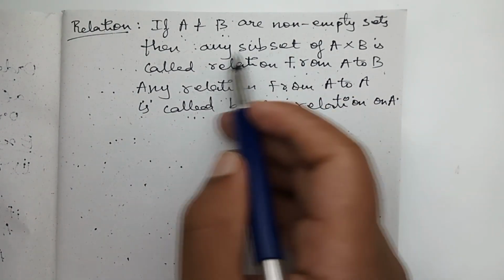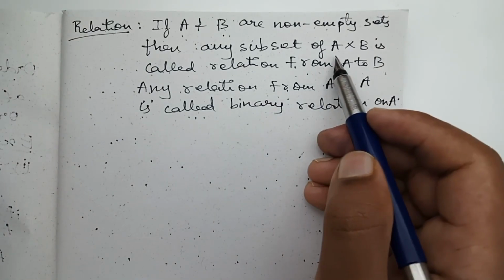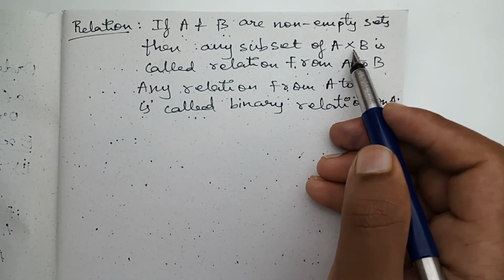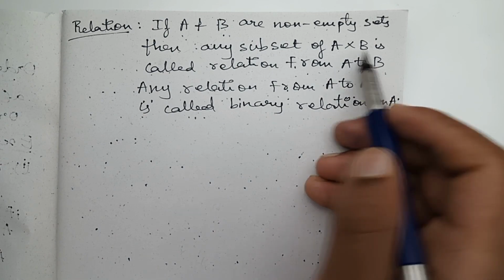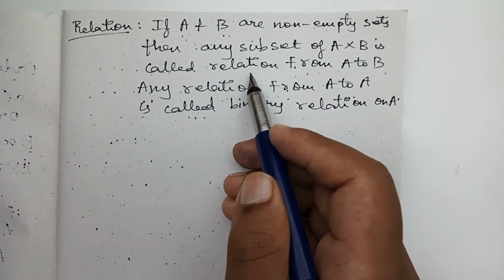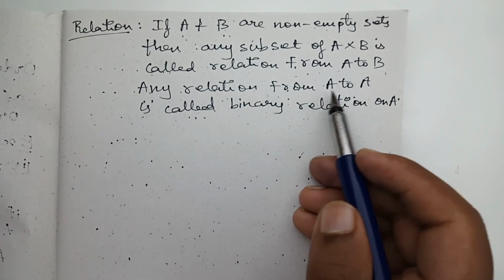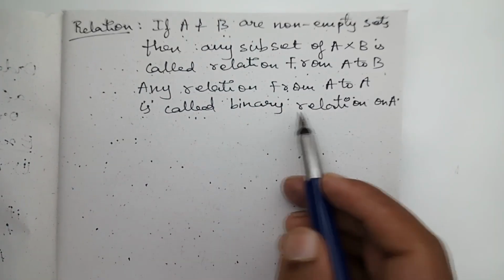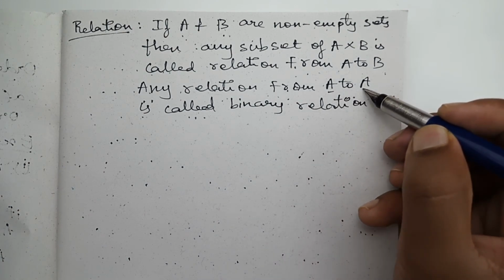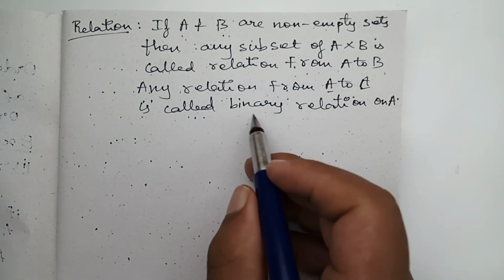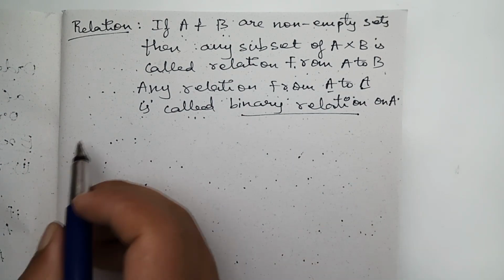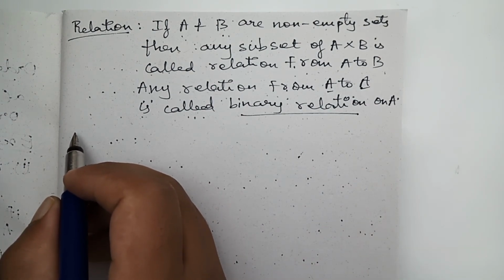Okay, then any subset of A into B, that is A Cartesian product B, is called a relation from A to B. Any relation from A to A is called a binary relation. The relation from set A to the same set A is known as a binary relation on A. Okay. Now we will take an example.